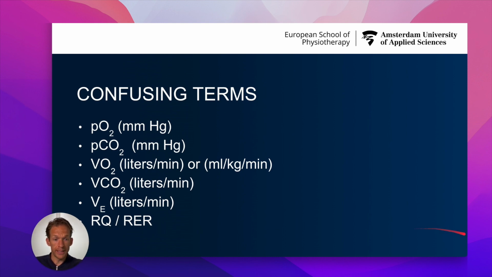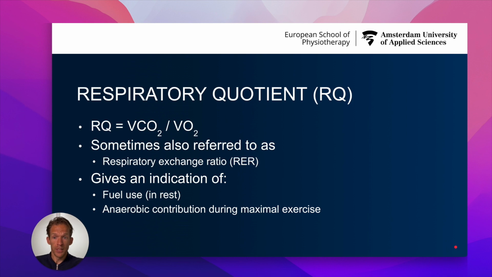Let me explain that in the next slide, because it is the actual ratio. So RQ stands for respiratory quotient, RER stands for respiratory exchange ratio, more or less the same, but the ratio is what matters here, and that is VCO2 over VO2.